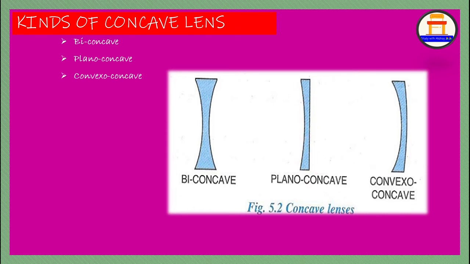Convexo-concave: one side convex, the other side concave. Again, not many questions are asked with respect to this. Remember the name biconcave lens; the other names are double concave or equiconcave, similar to biconvex. I will tell you how to remember concave and convex as the video proceeds. Stay with me.